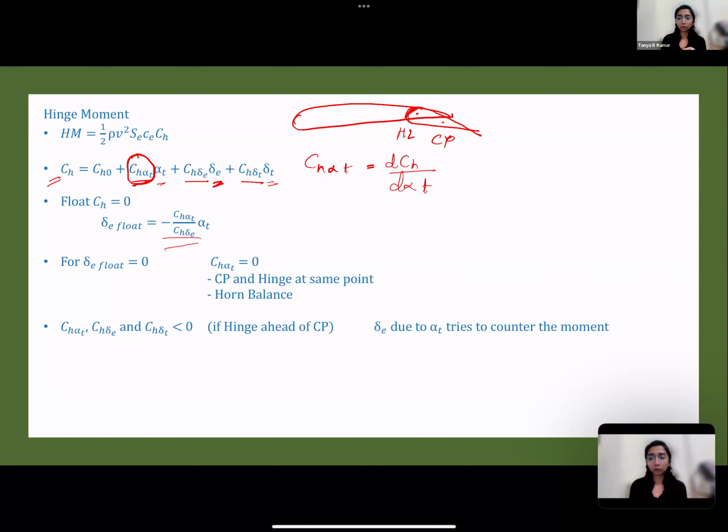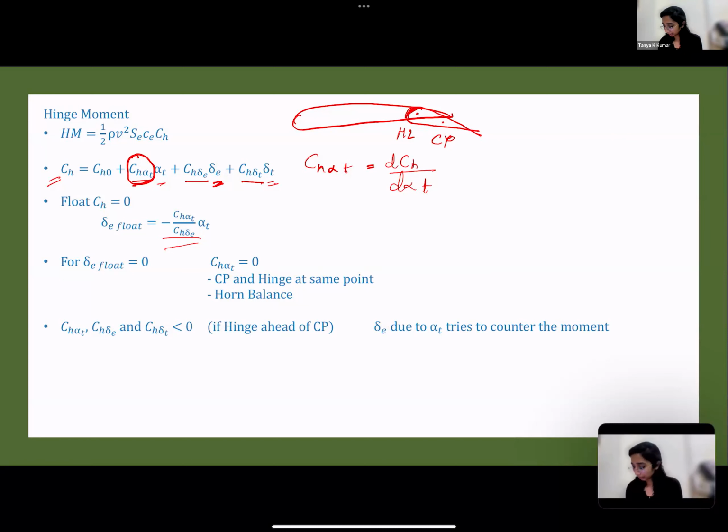For a positive increase in angle of attack, your moment will be negative. You're right, it is negative, because CH is the hinge moment coefficient.